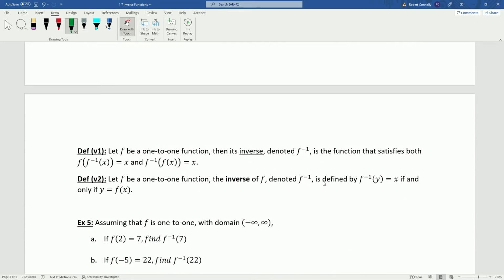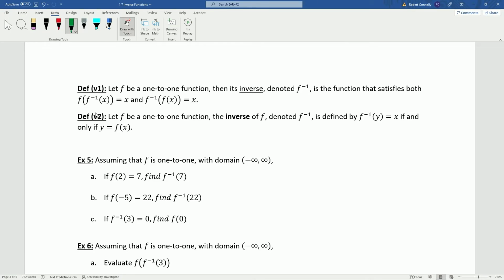All right, so to summarize this, we're going to write two different versions of our definition for inverse functions. Version 1 is exactly how we initially defined this. Let f be a one-to-one function, then its inverse, denoted f inverse, is the function that satisfies both f of f inverse of x equals x and f inverse of f of x equals x.